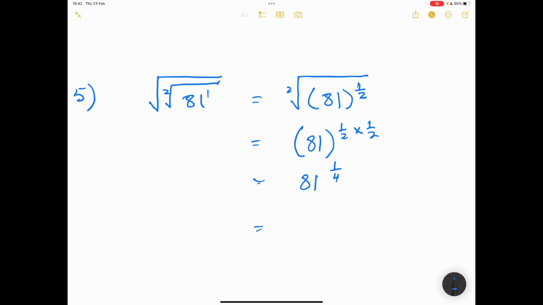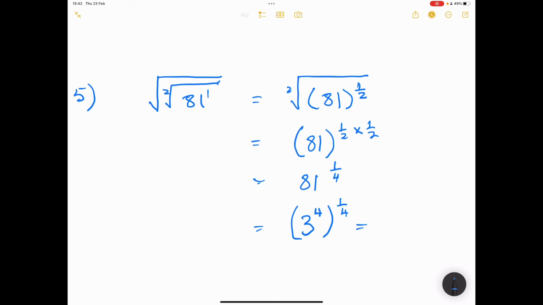But I can simply say, what is 81? If you think about 81, 3 times 3 is 9, times 3 is 27, times 3 is 81. So this would be 3 to the exponent 4, raised to the exponent 1 over 4.